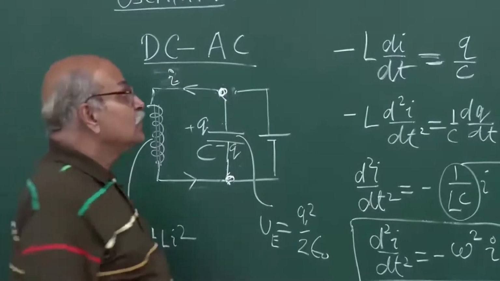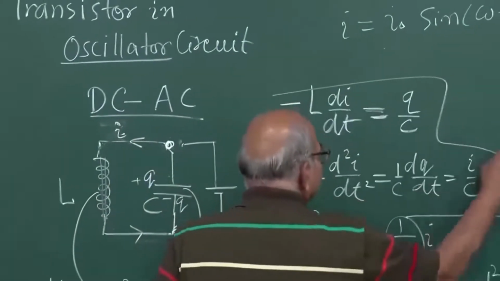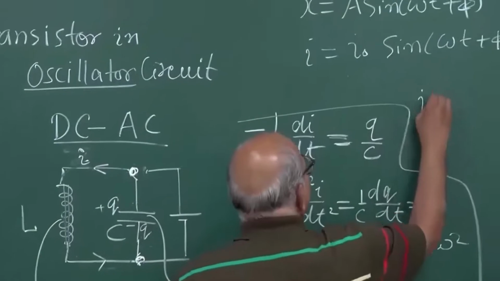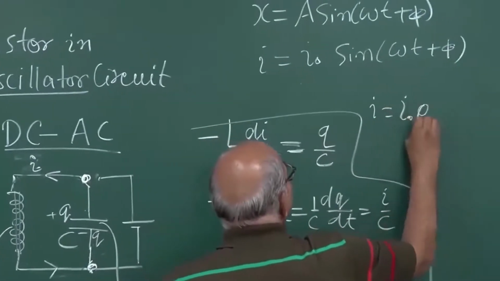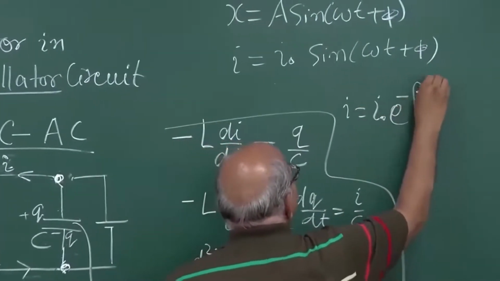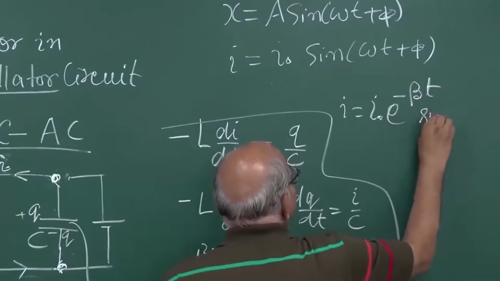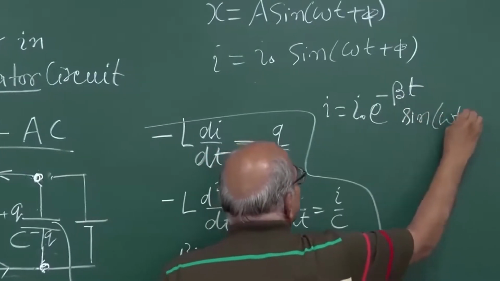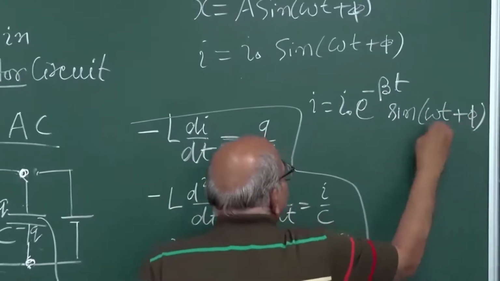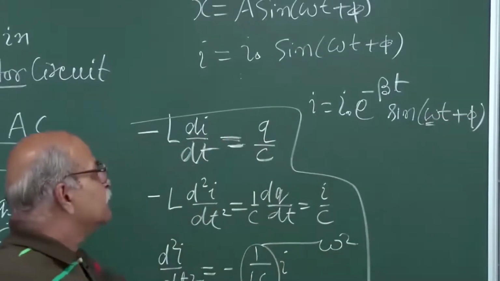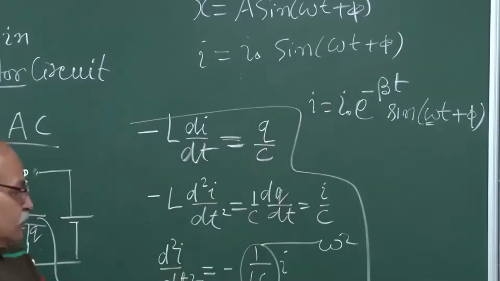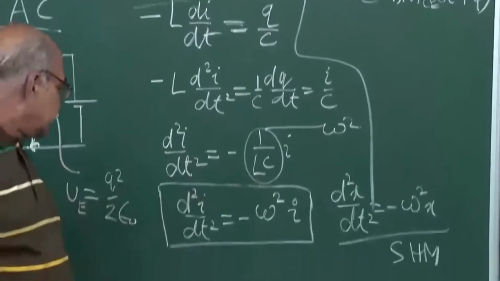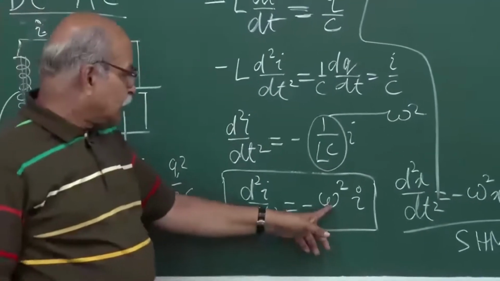So if you have resistance, then this current is going to be some e^(-βt) and then sin(ωt + φ). This ω is slightly different from this ω which is here.